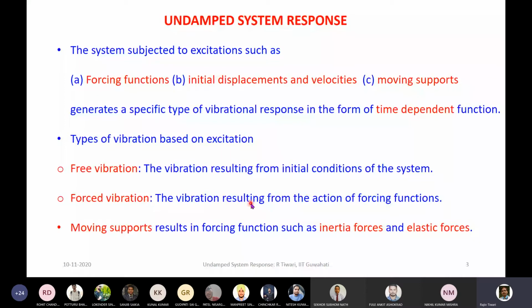Or the free vibration, that is the initial disturbance or initial velocity. And the moving support, the third one, in which basically there is no external force, but initially there is a displacement which gives inertia force and elastic force to the system.